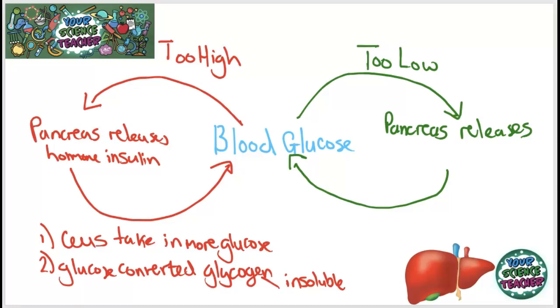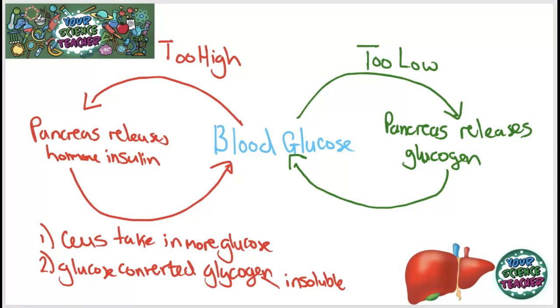Now, our blood glucose levels are never exactly zero. It's always going through this loop. So what happens if our blood glucose levels are a bit low? Well, our pancreas releases a different hormone this time. It releases something called glucagon. And you just have to remember that the hormone's glucagon, the store of glucose, is glycogen.